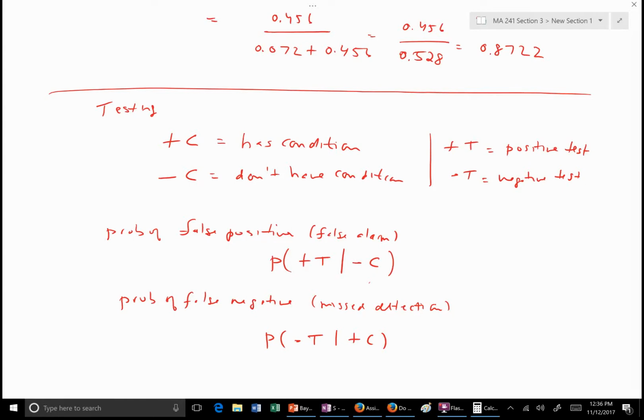And then, of course, I'd get all worried and upset for a short period of time, but then they would go back and use the gold standard and find out I didn't, right? And I'd be okay. With a false negative, the test comes back negative. The doctor says, oh, you're fine, go home, don't worry, when you really do have the condition, you really do have cancer. And then, of course, by the time they figure that out, it may be too late. So false negatives are actually very, very important when you're talking about a serious disease.